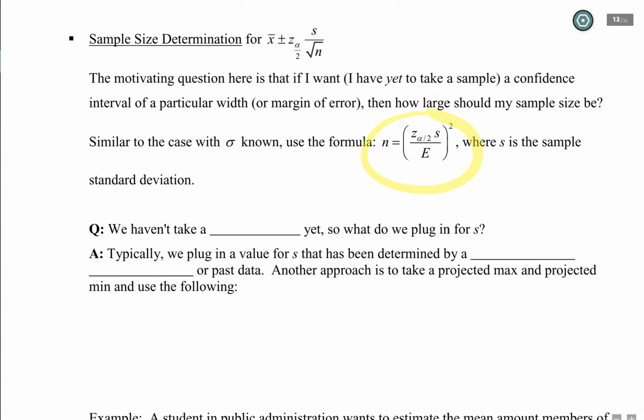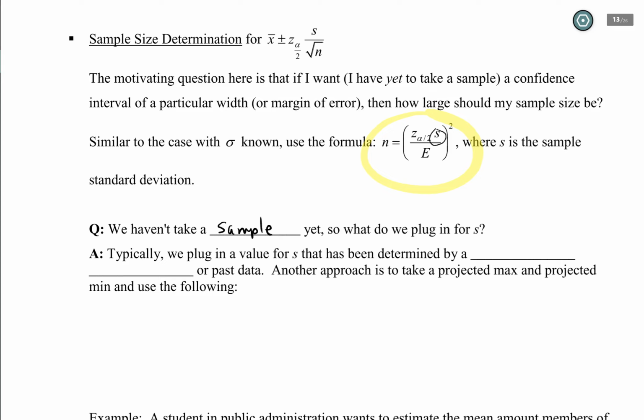The only thing that's different now is I've replaced sigma with S from before. So I've got this sample standard deviation, so that seems reasonable here, but we haven't taken a sample yet. So what do we plug in for S?